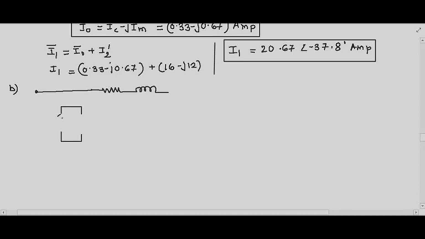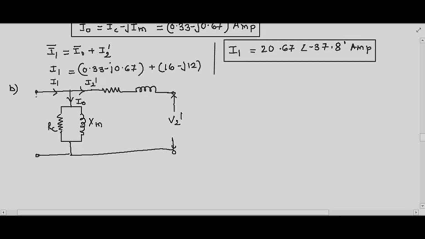So this will be your RC, XM, and this will be your V2 dash. RC, XM, this is the I1, which is the vector sum of this I0 and I2 dash. This is your applied voltage V1.